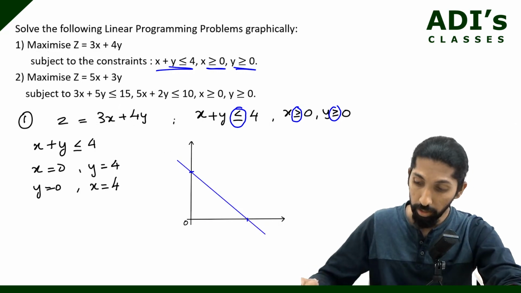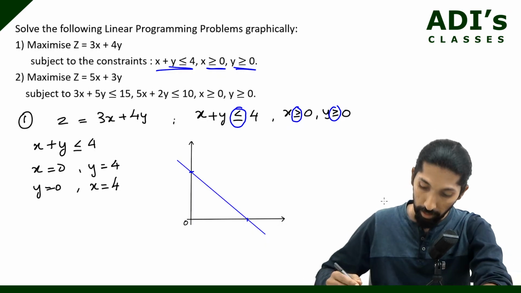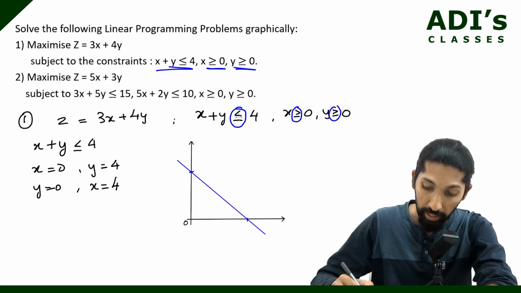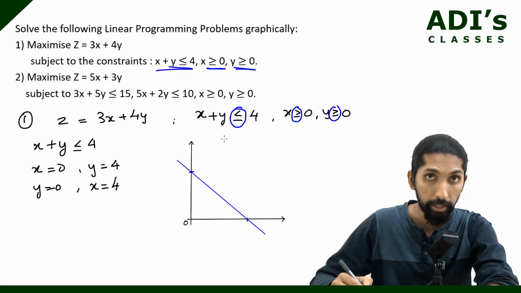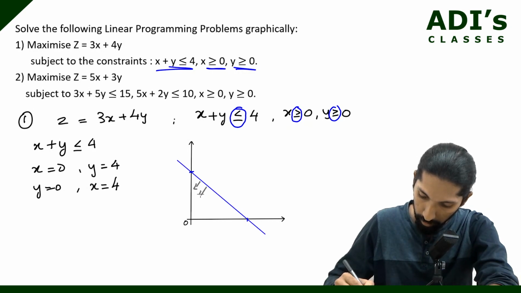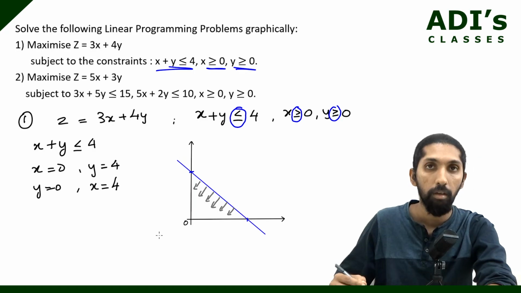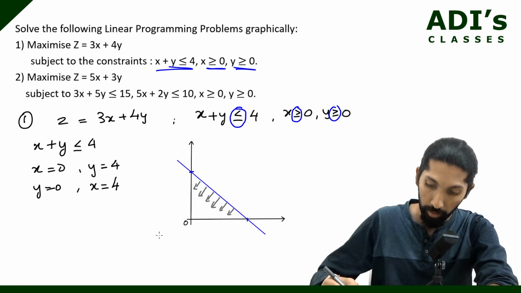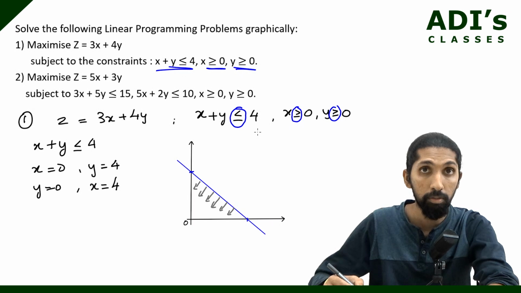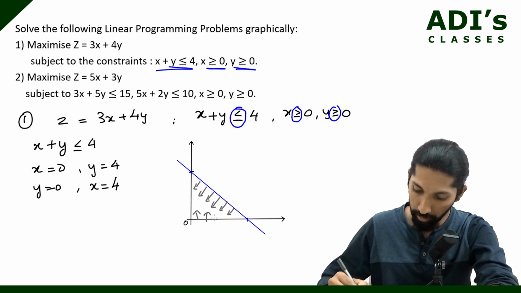Now, the region that we are going to take, that's very, very important. x plus y less than or equal to 4, correct? Less than or equal to 4 in the sense what? This area, isn't it? And the next point is what? x is greater than or equal to 0. Greater than, that means this area.